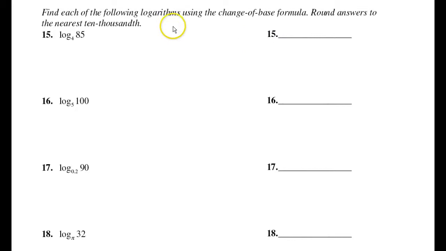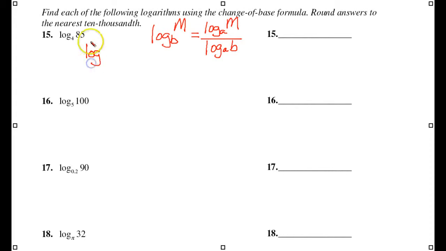For these, they work the same, but we first have to have our change of base formula. So let's write that out. Now, for all of these, we're going to be using this formula that we said in a shorthand form is just simply log of m, which is 85, divided by log of 4.